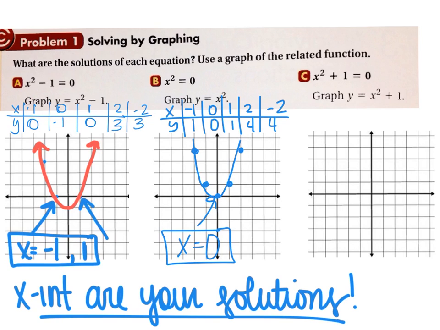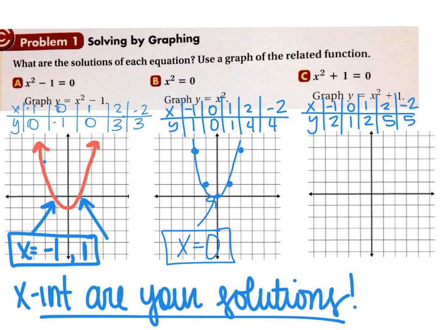And then the third one, same table: -1, 0, 1, 2, -2. -1 squared is 1, plus 1 is 2. 0 squared is 0, plus 1 is 1. 1 squared is 1, plus 1 is 2. 2 squared is 4, plus 1 is 5. -2 squared is 4, plus 1 is 5.